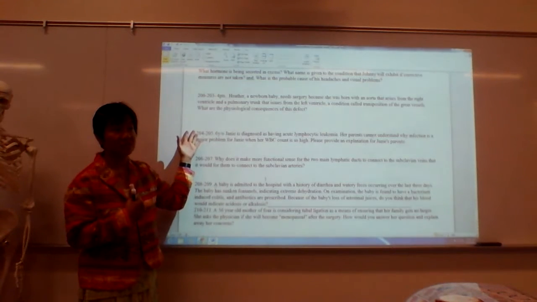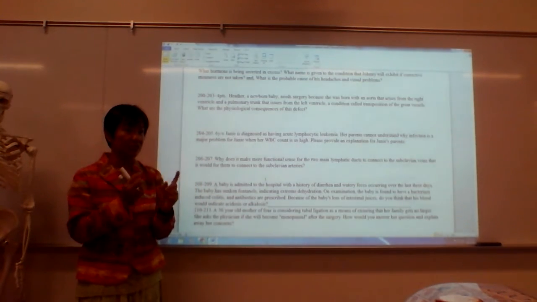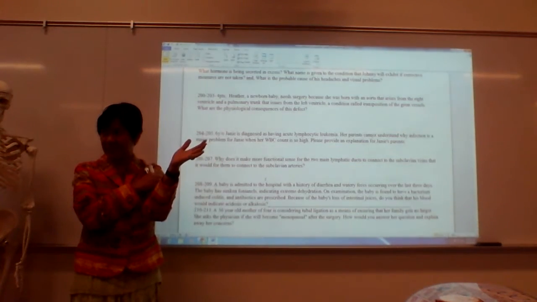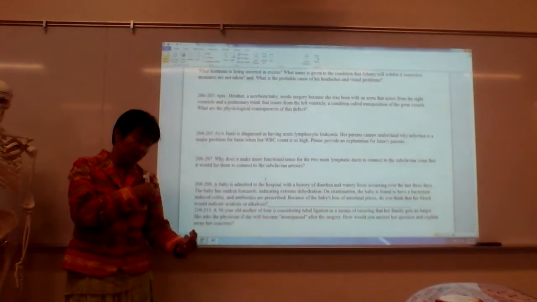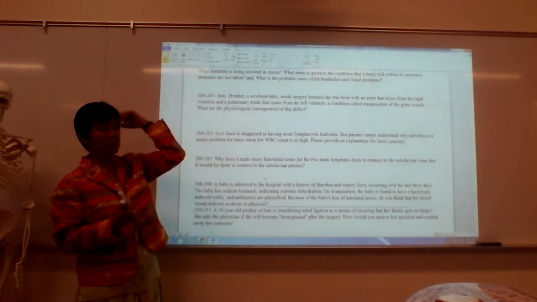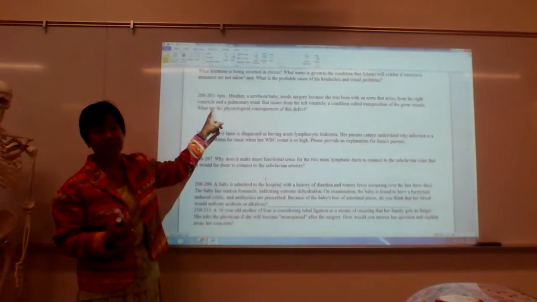That's dangerous. The function is still the same: the aorta is still supposed to go to the rest of the body, and the pulmonary trunk is still supposed to go to the lungs. So that's a dangerous consequence.